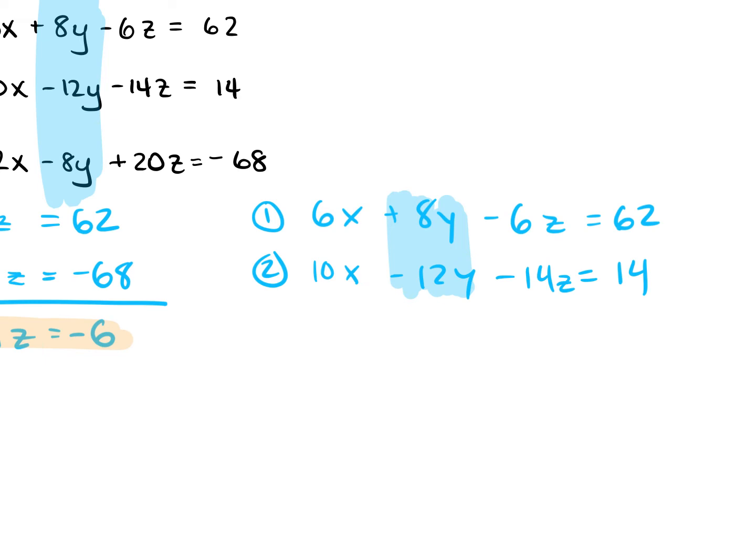What can I multiply here to get my y's to cancel? Well, 8's already positive and 12 is negative, so they're already opposite signs. So we can multiply, you said 8 times 3, and that would give us 24. And we can multiply 12 times 2, which would give us negative 24. Perfect.